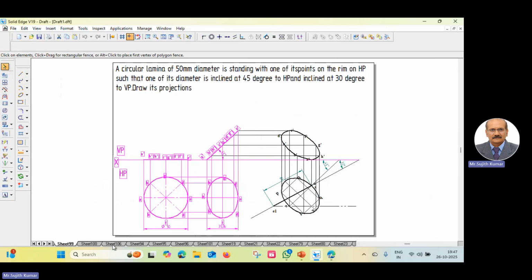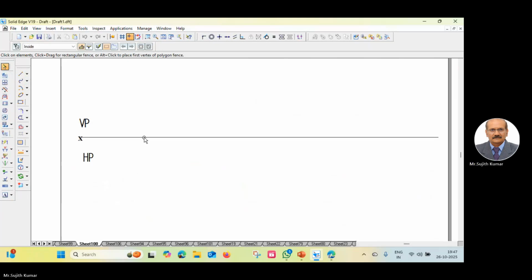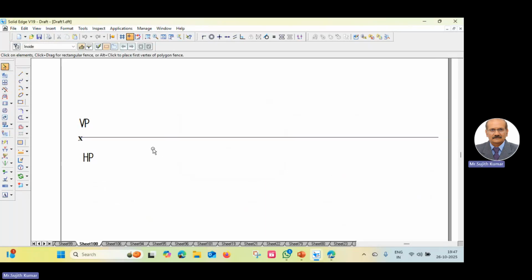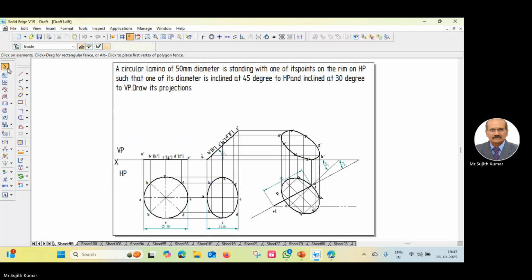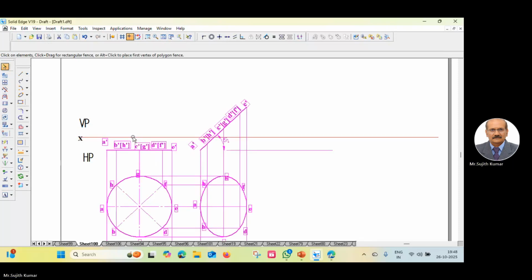It is selected now. Now go to the next sheet, click here, Control V. Sorry, Control C, next page, click here and Control V. Understood?